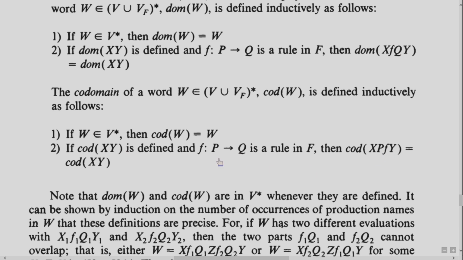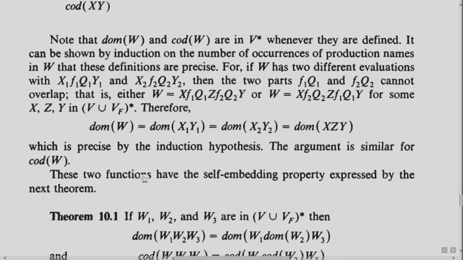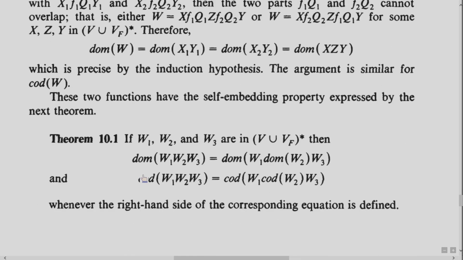Here a little difference between domain and codomain is that we are having F in front of Q, and here we are having F after P, because this is codomain. So if production P to Q exists and the codomain of XQY exists, then the codomain of XPFY is the codomain of XQY. This way we can find out the domain and codomain of a word.